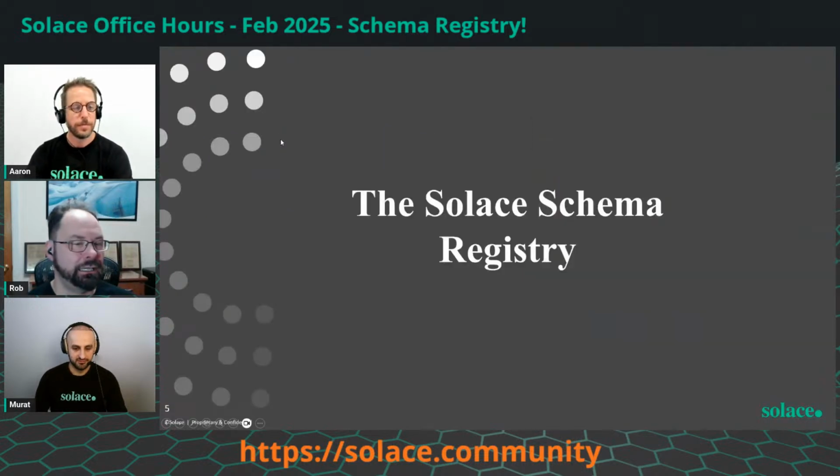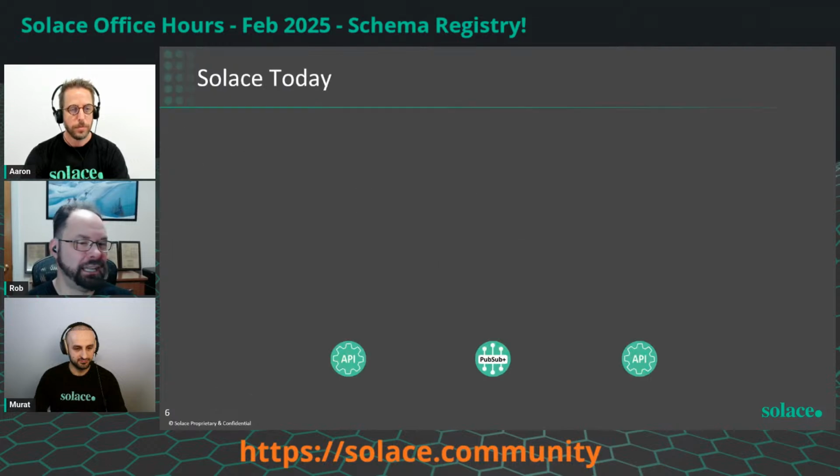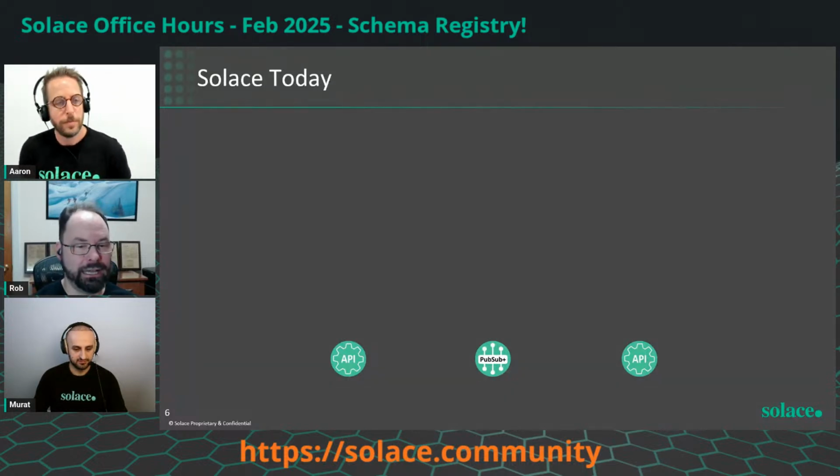All right, so let's talk a little bit about how we're actually doing this. When you look at Solace today, we've got our APIs, which Murat is responsible for, and there's a large number of SMF APIs, as Murat talked about before.